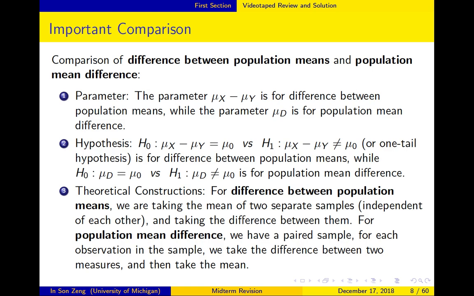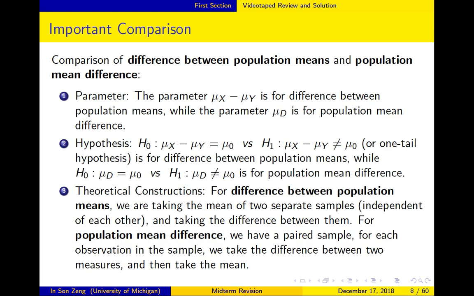Then we will construct our hypothesis, which is H naught: mu x minus mu y equals some constant number mu 0, for example 0. We also have the alternative hypothesis H1: mu x minus mu y not equal to mu 0 for the two-tail hypothesis.